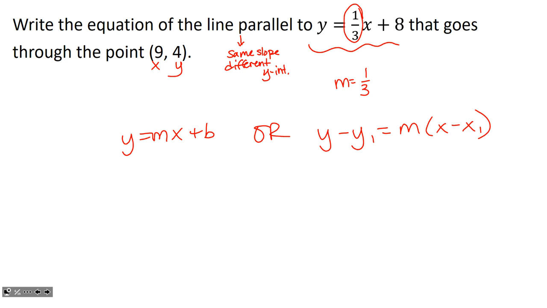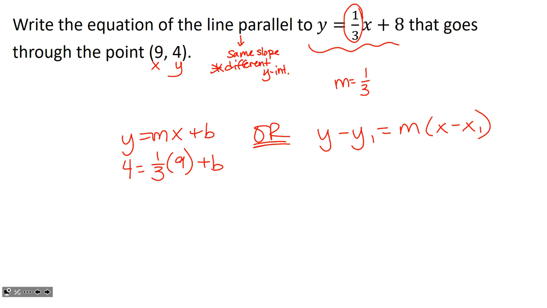So I'll put 4 here because you don't have to do both. You just pick one or the other. So my y value is 4. My m was 1/3. My x is 9. And remember, the whole point of this is that you're trying to find a different y-intercept.